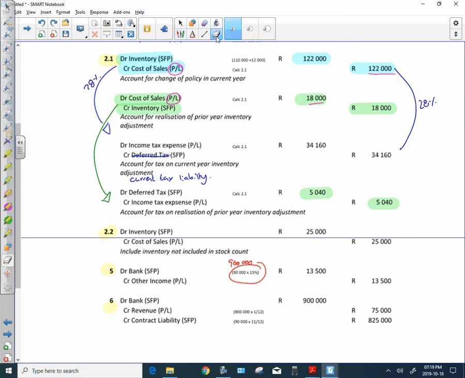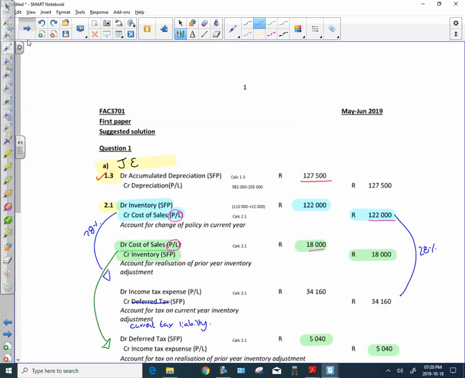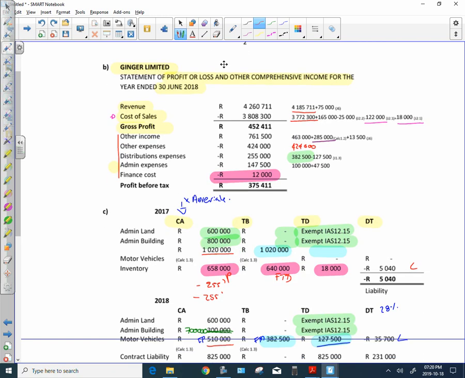Okay, all right. And that's the 13,500. Agree that that affects my other income? Okay, it's not revenue because my main sales are not to do with the consignment thing. So it goes to other income. In terms of my profit before tax, I need to add that to other income, plus the 13,500.